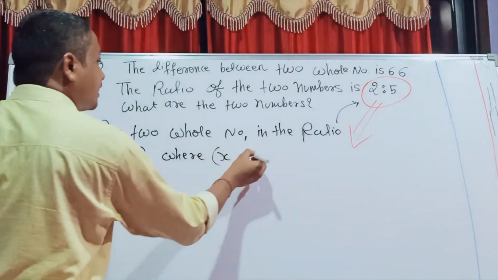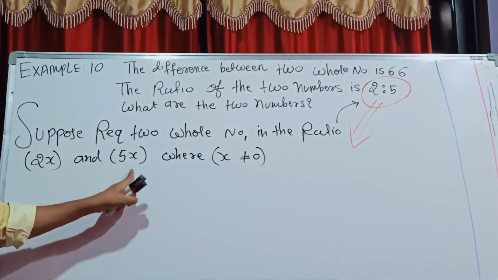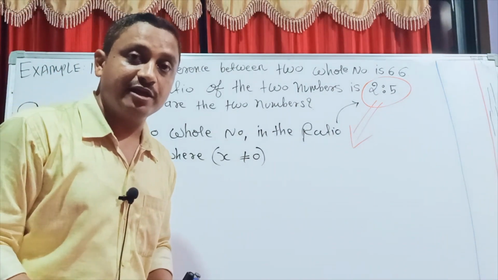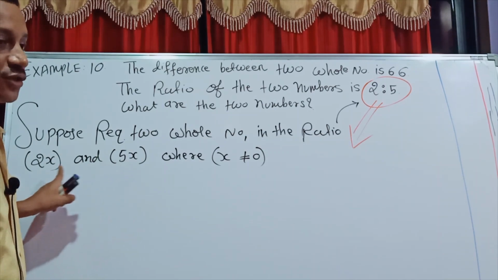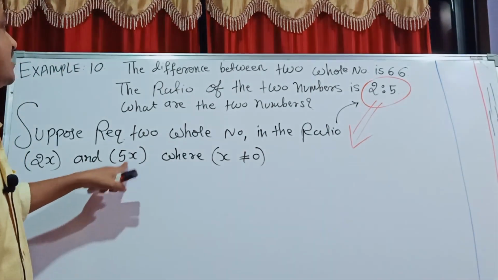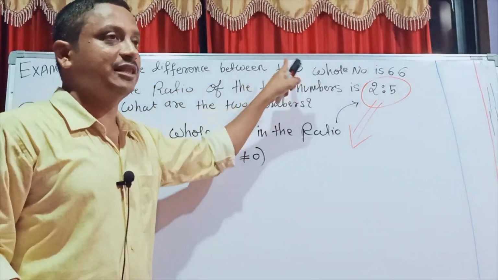You must not write x as 0, otherwise both numbers are considered 0. So check now, which is the highest number, 5x or 2x? Definitely 5x.